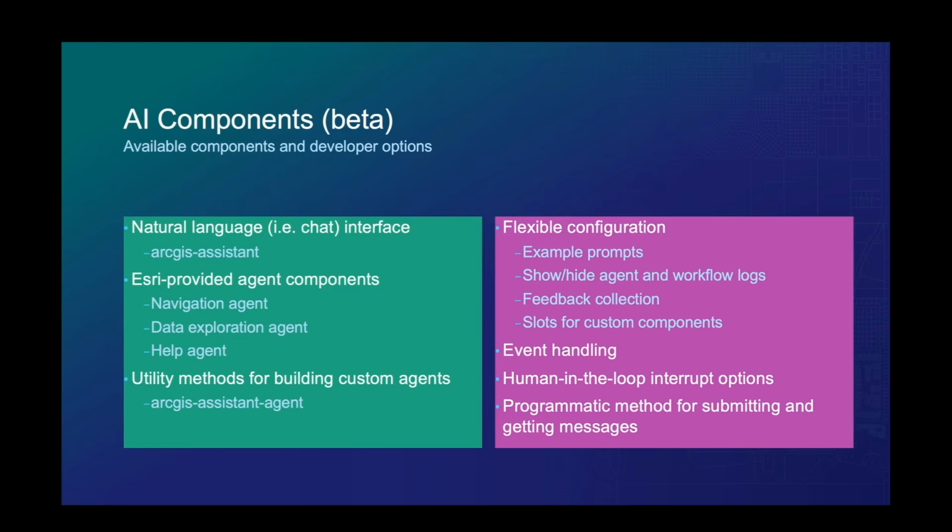So we give you options for interrupting the workflow, saying, are you sure you want to complete this edit? Are you sure you want to delete all the features in this layer? Yes, proceed. Okay, that's on the user at that point to make that call. So we give you options for stopping the workflow, as well as sending messages to the log and to the chat.